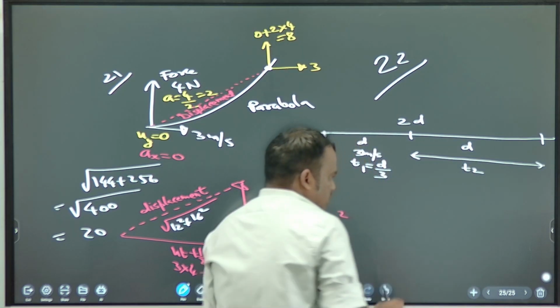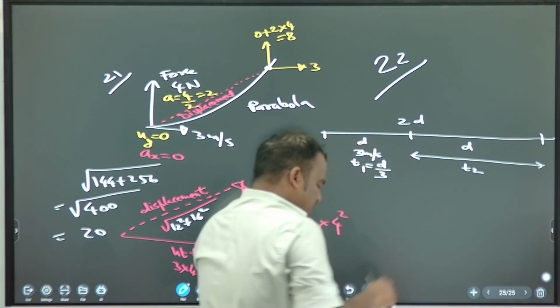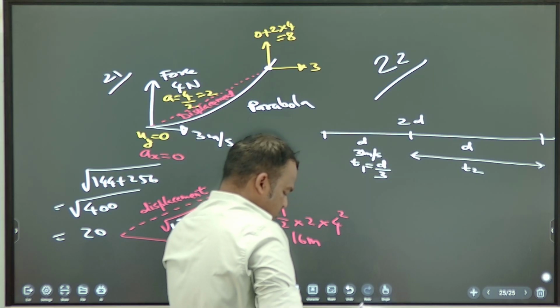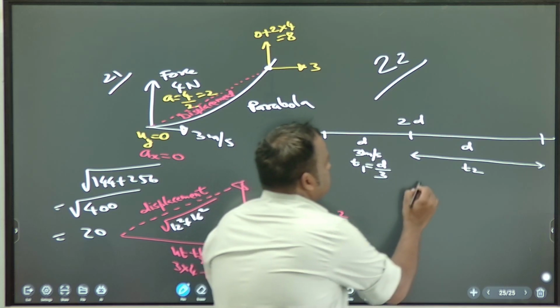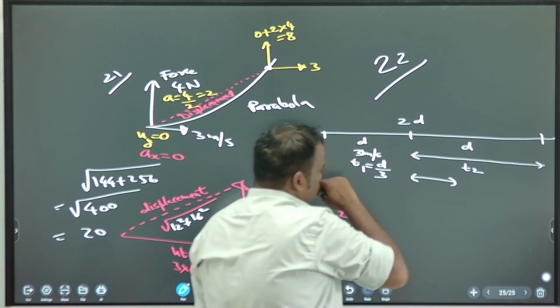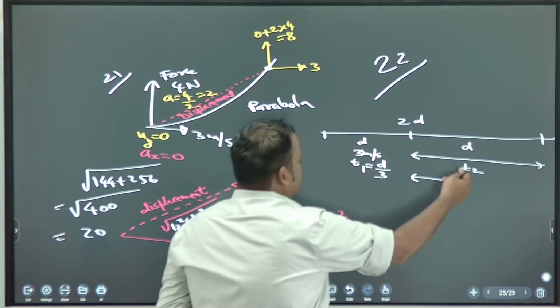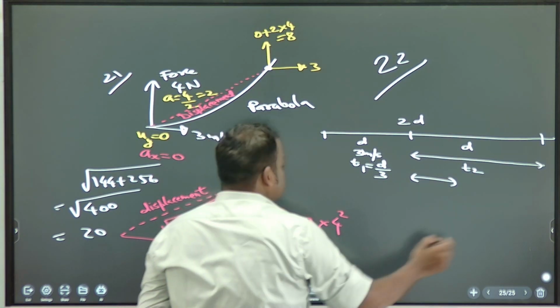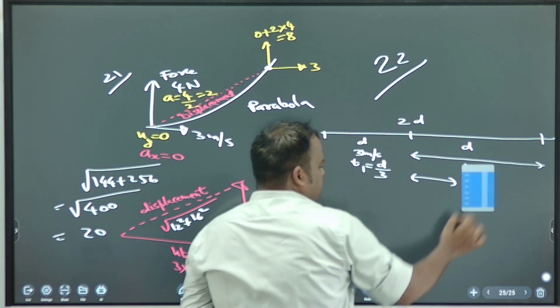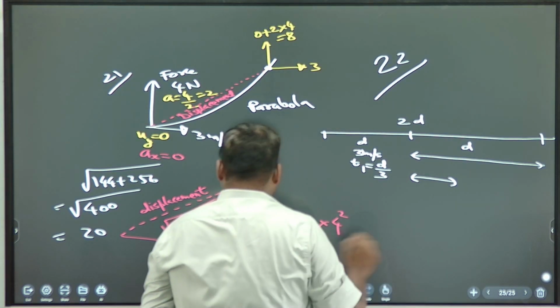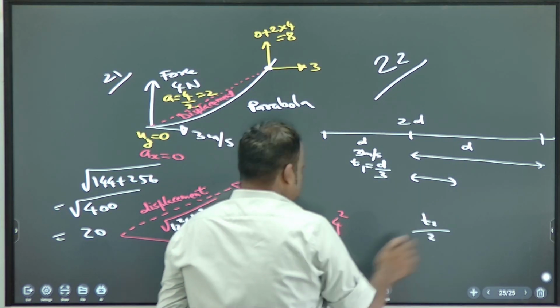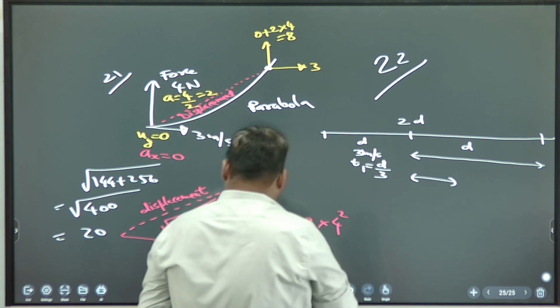So half of this is t2 by 2. Okay, let's take this as 2t, because t2 by 2 is confusing. So I am considering this as 2t.